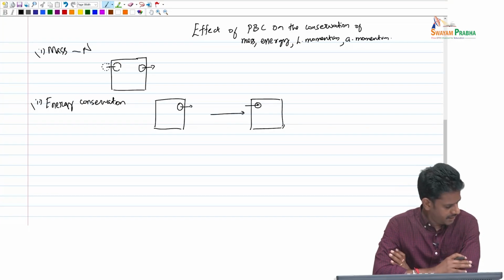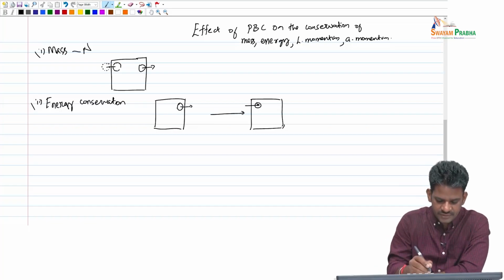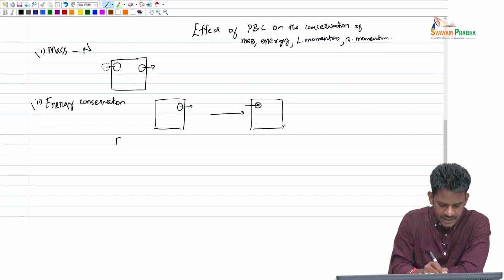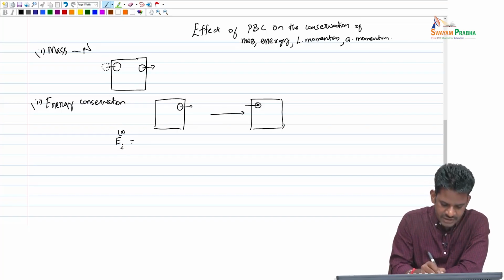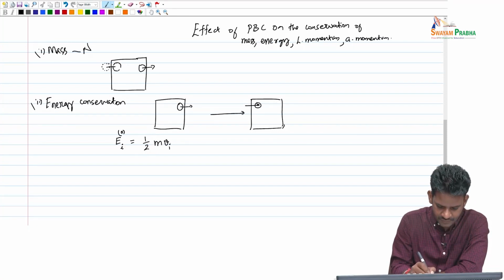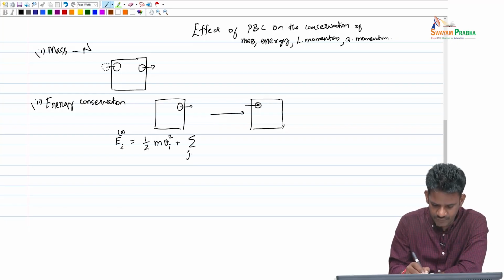Okay. And in order to do that, before the particle leaves this box, we can write the energy of a particle i which is going to leave. We will say it is an old position, and we can write this energy as half m v_i squared plus sum over j not equal to i of u(r_ij).